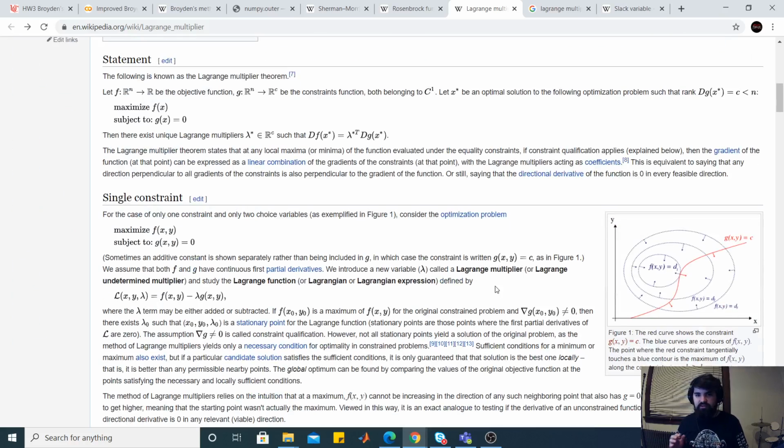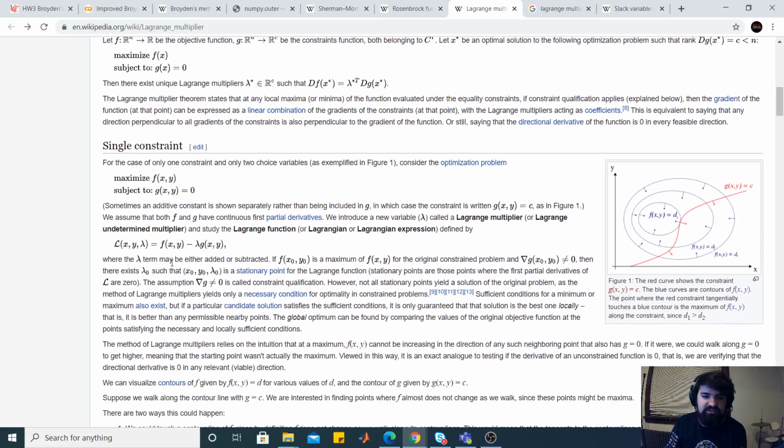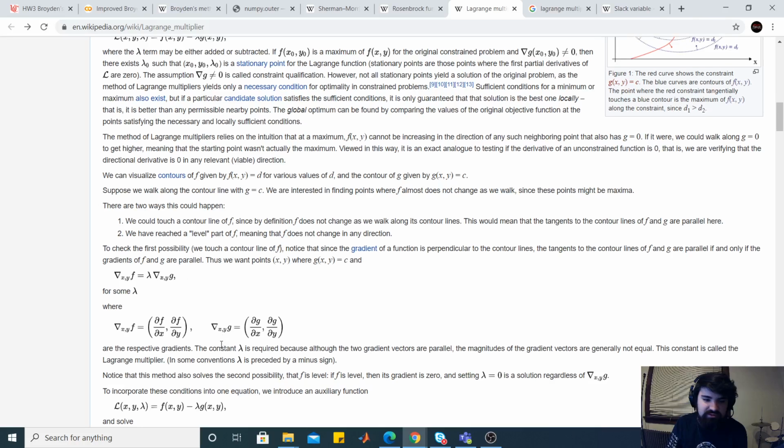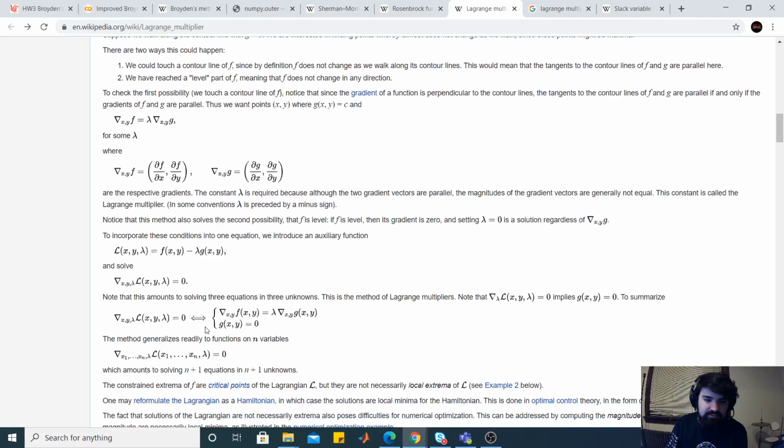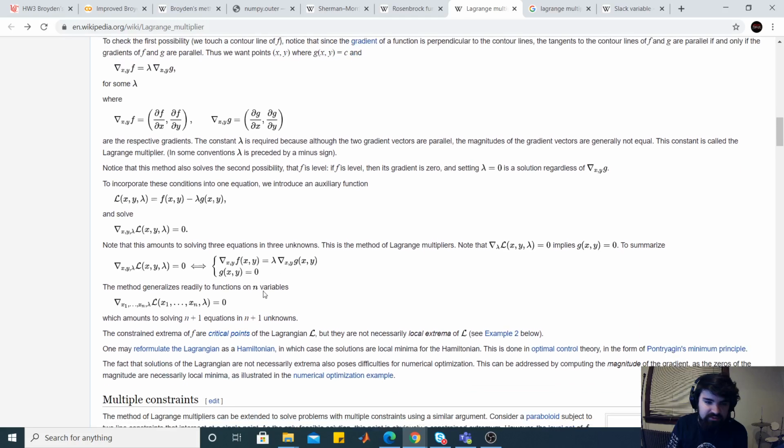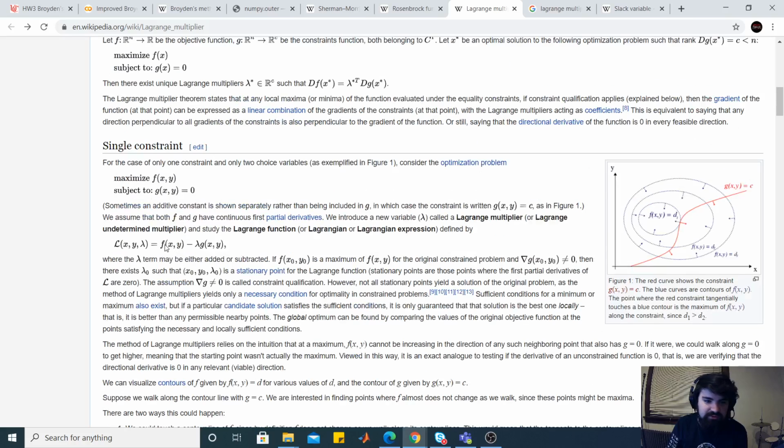And there's some geometric logic to this that is somewhat hard to understand. Essentially, what you're trying to do is minimize the Lagrange function, or a better way to view it is up here, but these are the gradients of the function.